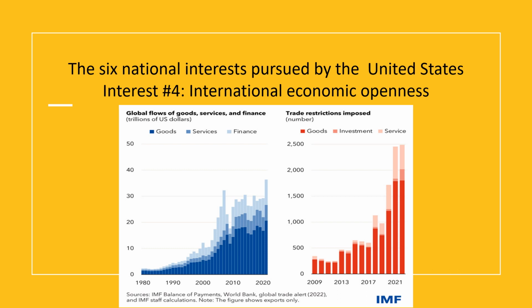Then we look at the right side about trade restrictions. Notice that between 2009 and 2021, there has been an increase in the imposition of trade restrictions, whether it relates to goods, investment, or services. In many respects, this suggests that there is economic openness through trade restrictions.